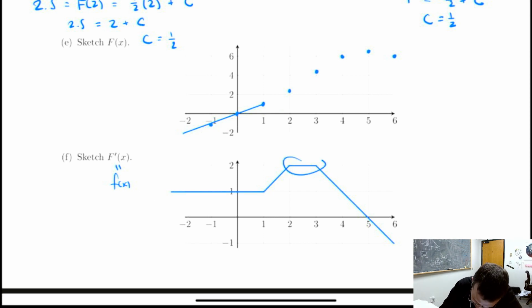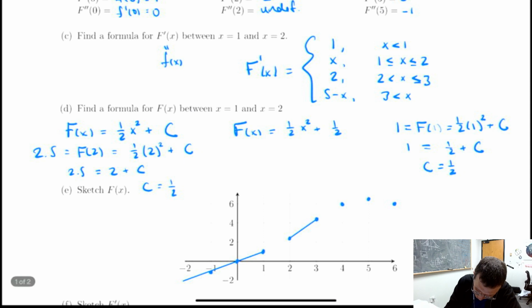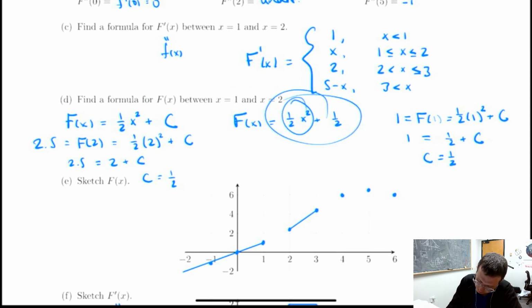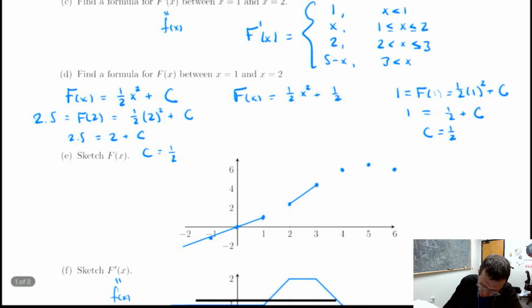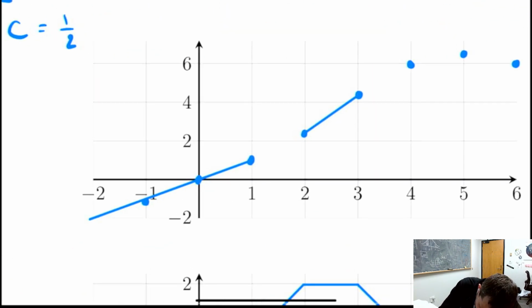And in this part, I need a function whose slope is a constant 2. Now in this part, well, I guess we actually found a formula for capital F of x. Because of this 1/2 x squared, this is a parabola. I'm just going to kind of smoothly fit a curve in there, but that's part of a parabola.